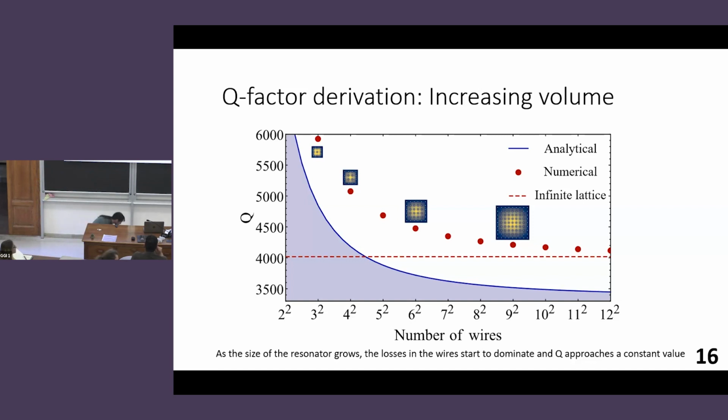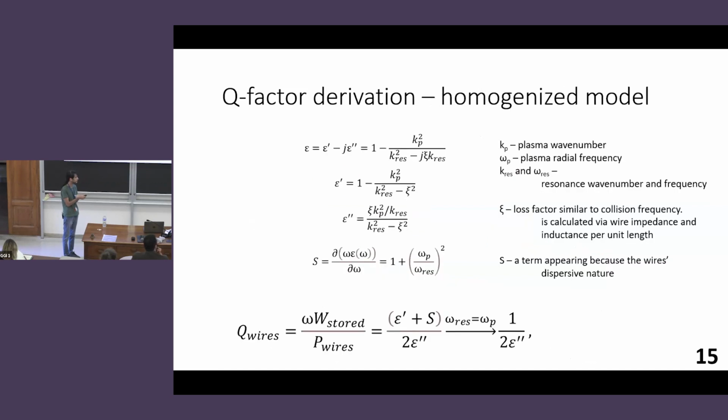So yeah, I will show this in a second. But this is where essentially the cavity is being stretched in the transversal direction. So the infinite lattice, the quality factor is derived like this, without this term in the bottom of our equation.